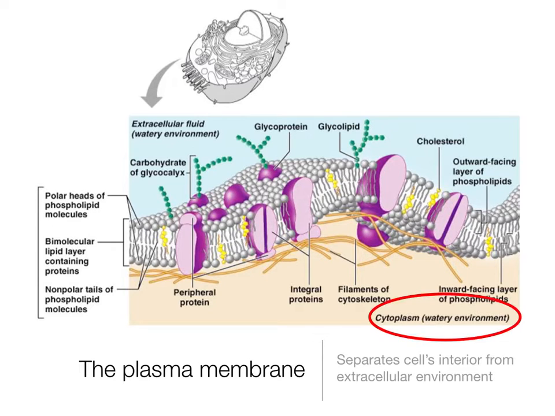If you look at the cytoplasm, the interior of the cell, versus the extracellular fluid, which is the watery environment that surrounds every cell, you will distinguish at the level of the membrane the presence of different molecular components. The most important one is that you have glycoproteins in the external leaflet, while you have filaments of the cytoskeleton, which give the architecture, on the internal leaflet and in the interior of the cell.